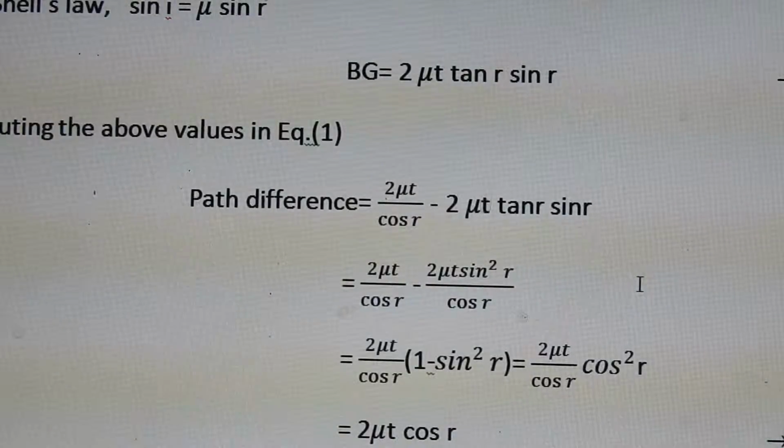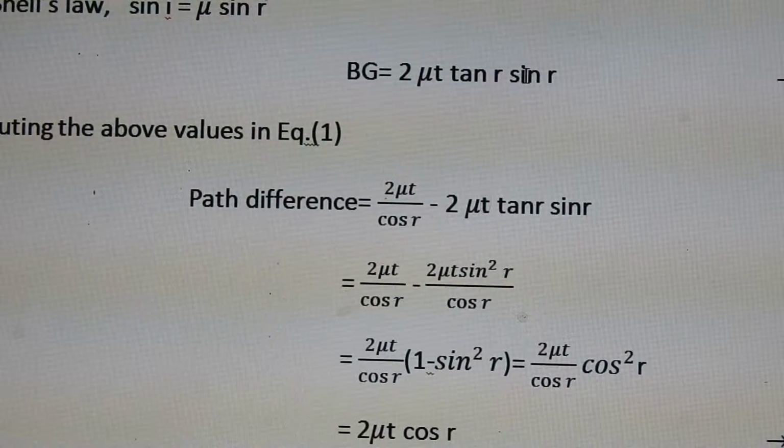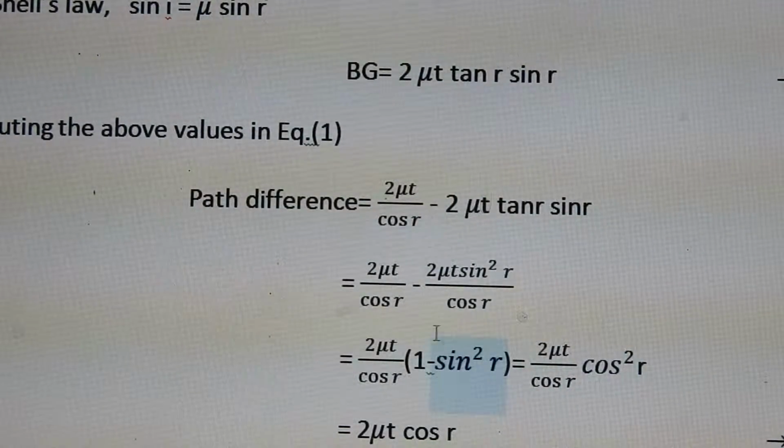Already we have calculated BG as 2 mu T tan R sin R, that we have substituted here.